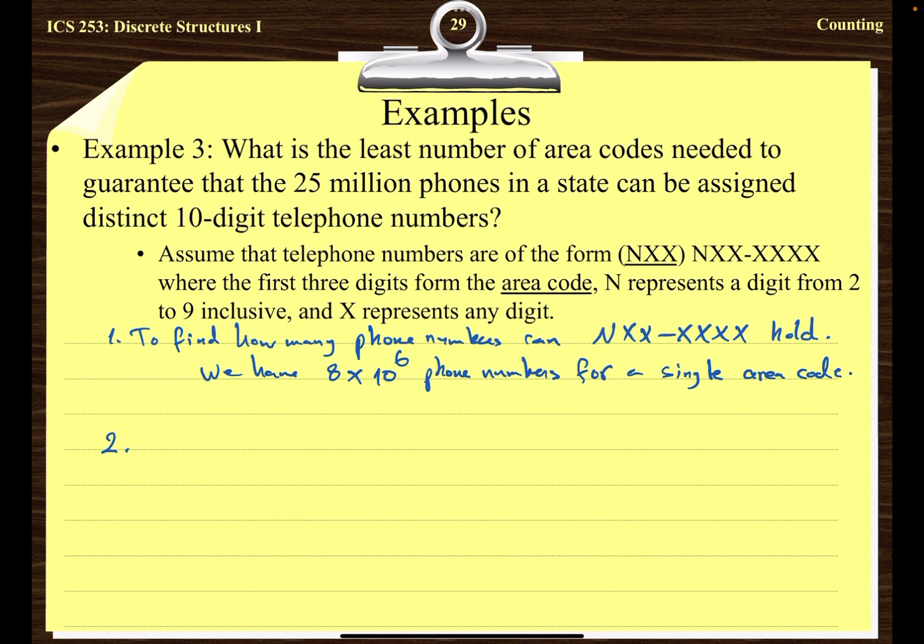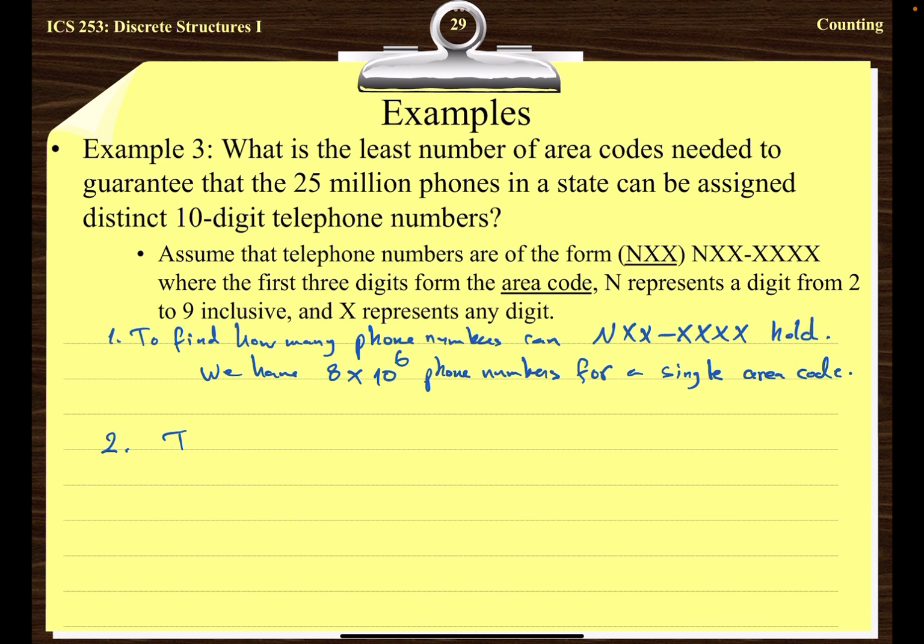Now, what is the second step? Find the number of area codes. How many area codes do we need? Divide 25 million by the 8 million, and then take the ceiling.